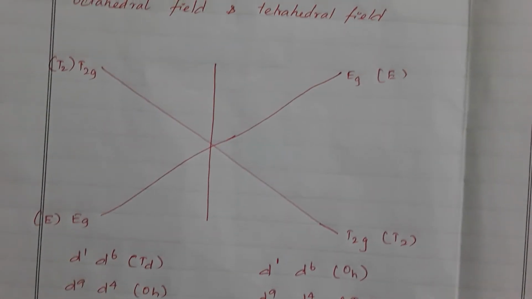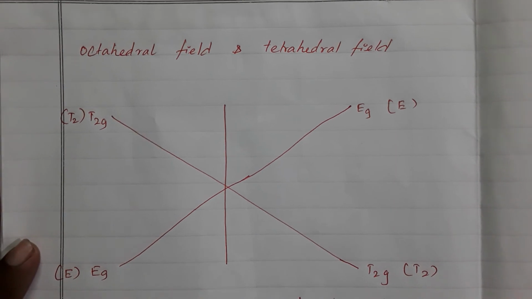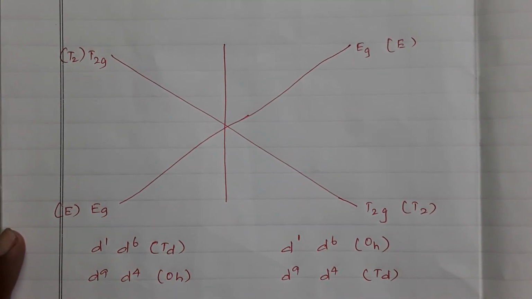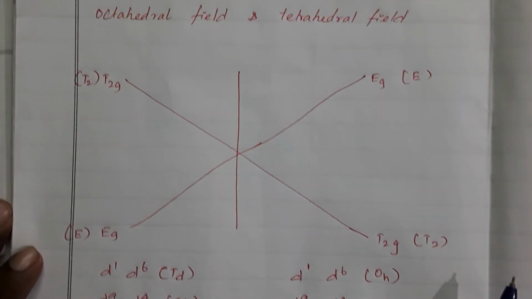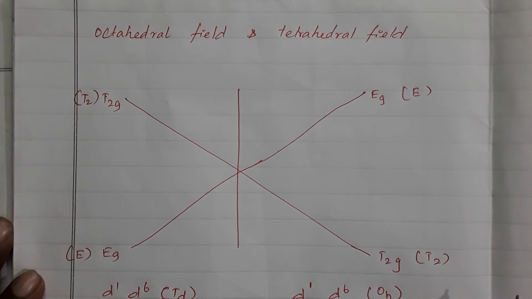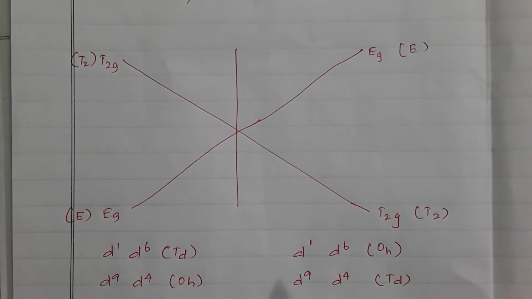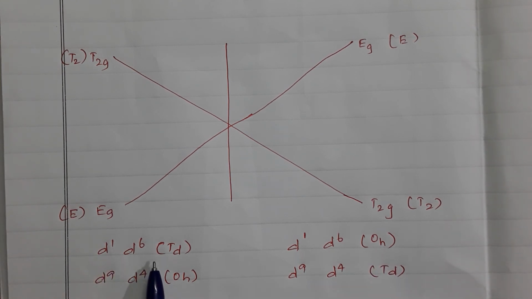By combining all of these, tetrahedral and octahedral, we get the complete Orgel diagram for d1, d6, d4 and d9 configurations. So this is only for d1, d6, d9 and d4 configurations in tetrahedral and octahedral fields. Whatever is octahedral for d1 and d6 is the inverse of tetrahedral.